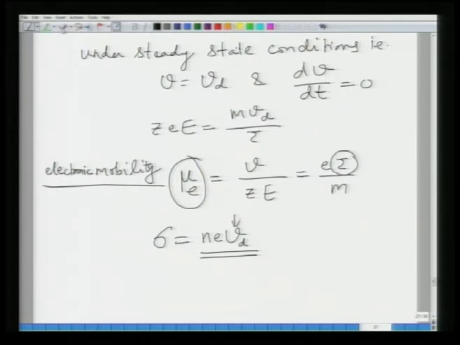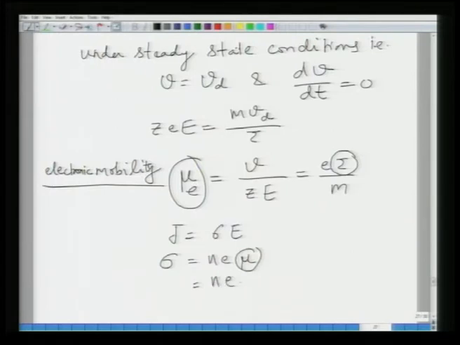Or I can write this expression slightly differently: J is equal to sigma E, and sigma is equal to n e mu, and you know that mu is proportional to V. So, what basically is this mobility?